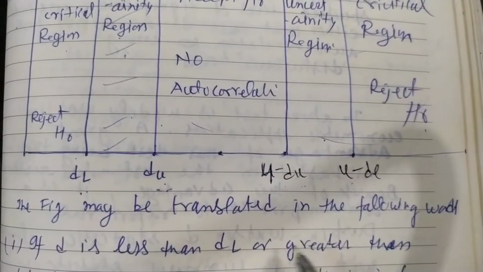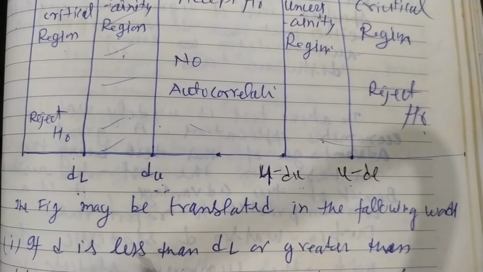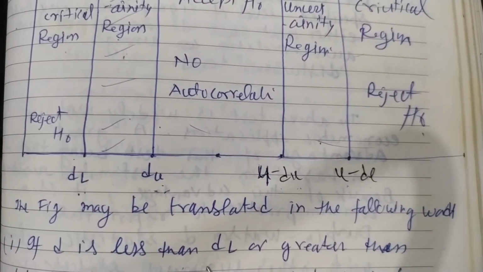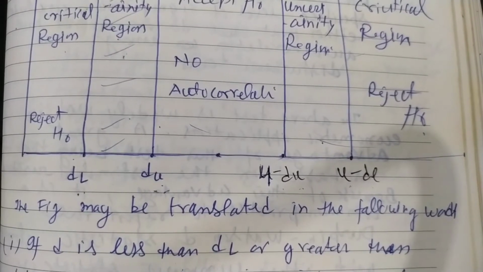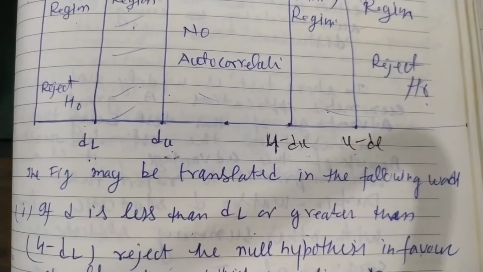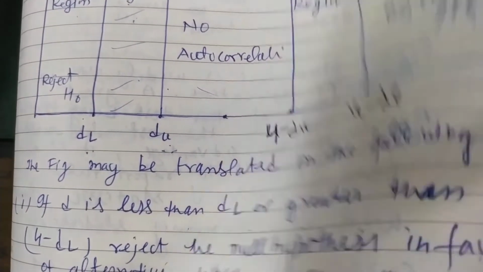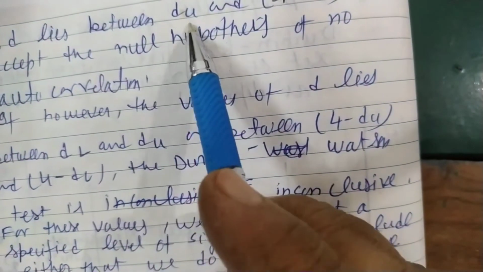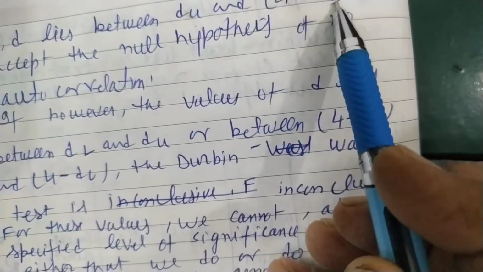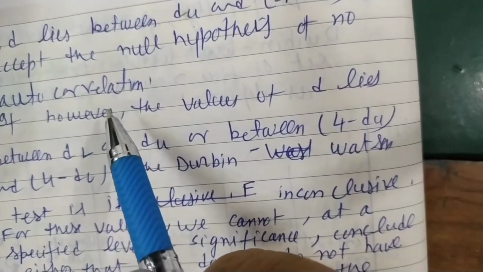The figure may be translated into the following words: if d is less than dL or greater than 4 minus dL, reject the null hypothesis in favor of the alternative, which implies autocorrelation. If d lies between dU and 4 minus dU, accept the null hypothesis of no autocorrelation.